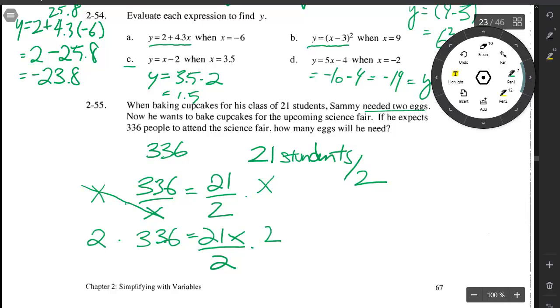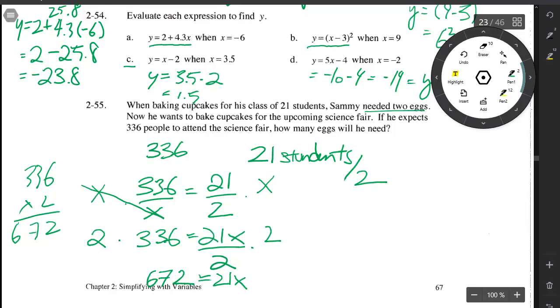So it becomes 336 times 2, 672. So now it becomes 672 is equal to 21x.